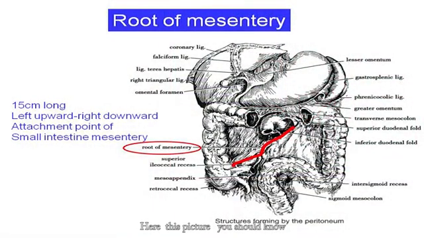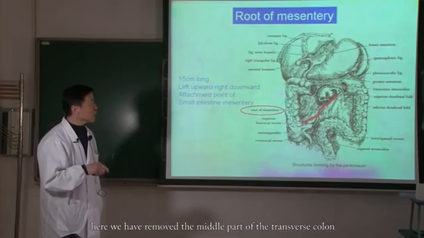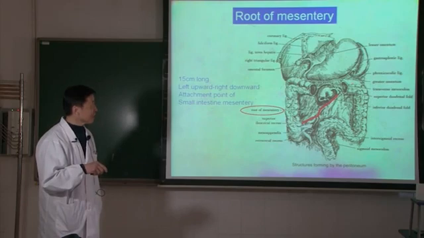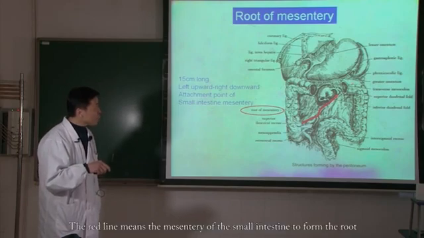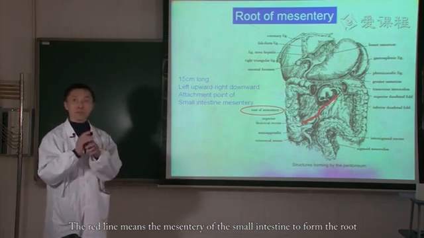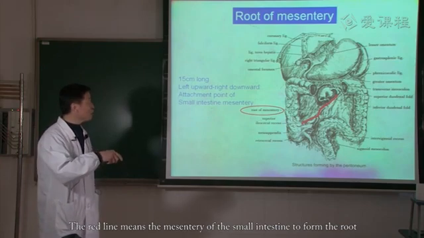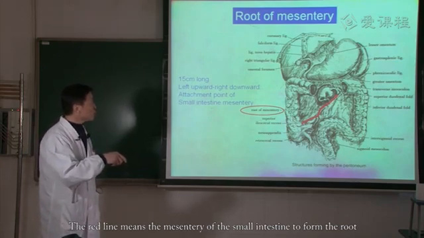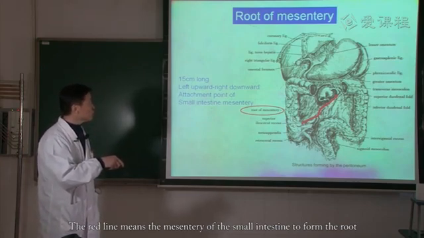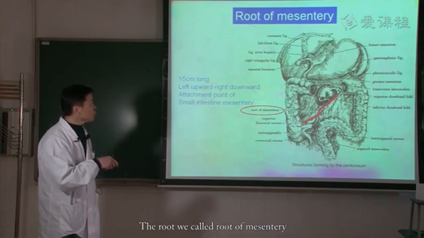Here, in this picture, you should know that we have removed the middle part of the transverse colon. The red line marks where the mesentery of the small intestine forms its root, which we call the root of the mesentery.